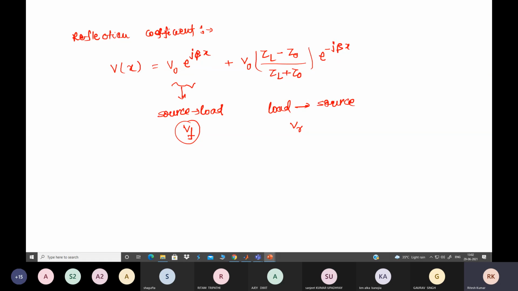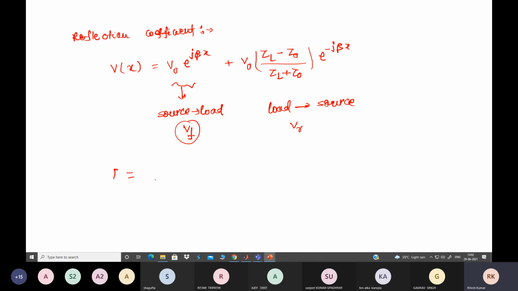Now if we recall the definition of the reflection coefficient, it is the fraction of the signal amplitude that has been reflected. So how can we define gamma here? Since it is a function of x, we write gamma as a function of x.